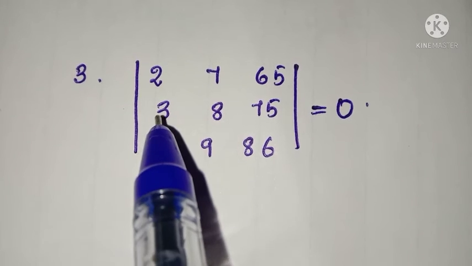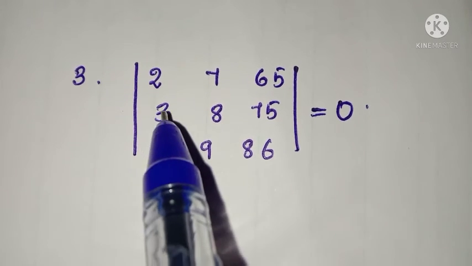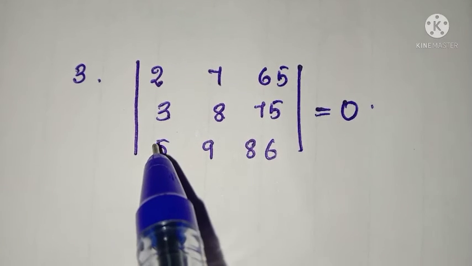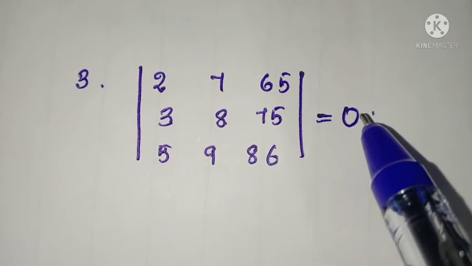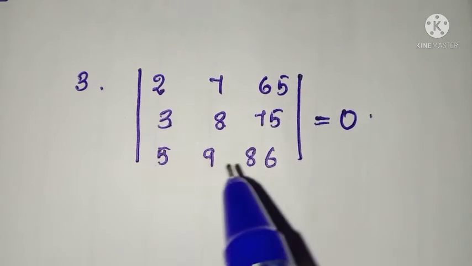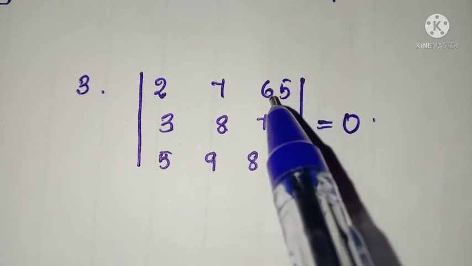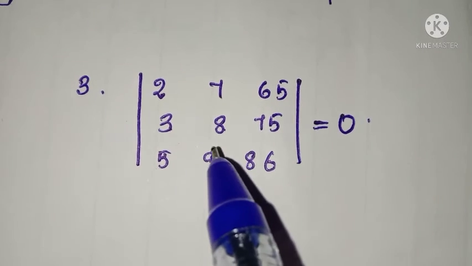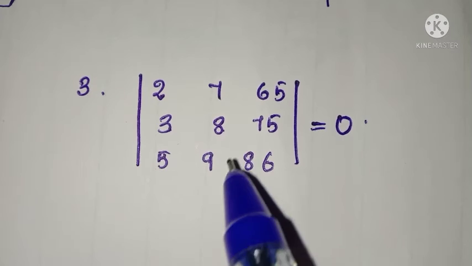Now, question number 3. Prove that the determinant 2, 7, 65, 3, 8, 75, 5, 9, 86 is equal to 0. Look at this determinant: these three numbers are larger than the other two columns' elements.